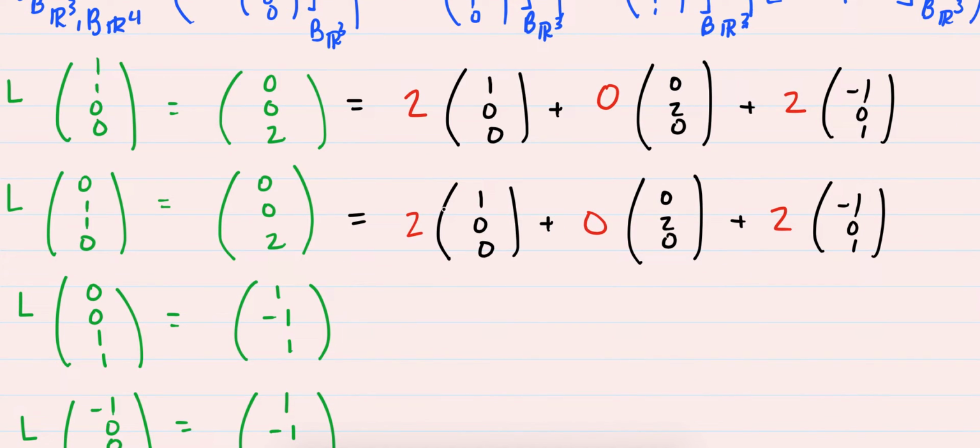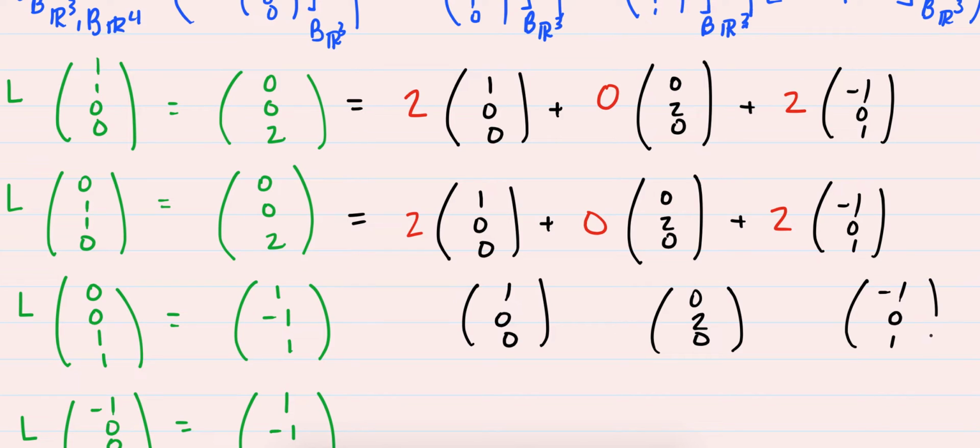Okay, how about this one? Maybe we can figure this one out quickly as well. Okay, so I need a 1 in the bottom. That's how I'm going to figure this out. That means this one has to be a 1. But then I get a negative 1. I need to get rid of that. Now, actually, I need to make it a positive 1.